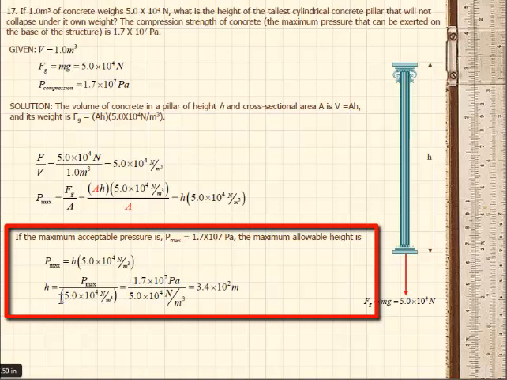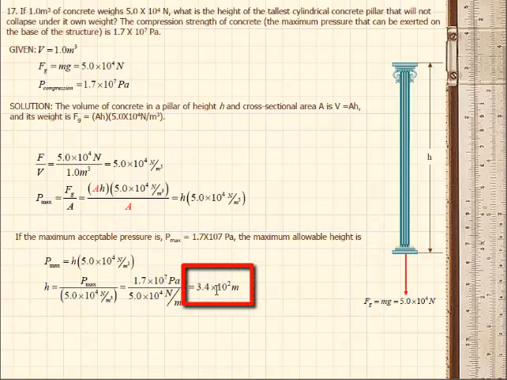Divide it through by that 5 times 10 to the 4th newtons per cubic meter, and we see that the height can be no more than 3.4 times 10 squared meters. So that ends up being the maximum height for that given pressure of 1.7 times 10 to the 7th Pascal.